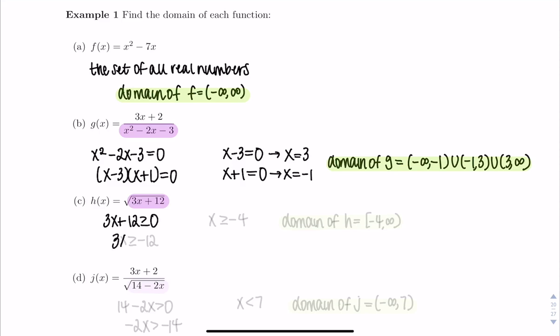So we get 3x is greater than or equal to negative 12, and so x is greater than or equal to negative 4. So the domain of h is negative 4 to infinity.